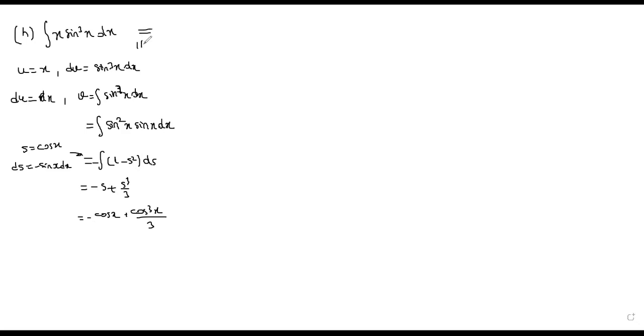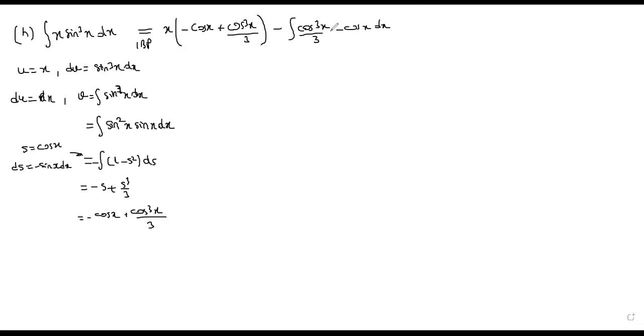So by integration by parts, what do we get then? u times v is equal to this whole thing. We will write that minus cosine x plus cosine cube x over 3, right? And so what do we have? Minus the integral of that, cosine cube x over 3 minus cosine x dx. dx is du, so we have dx.